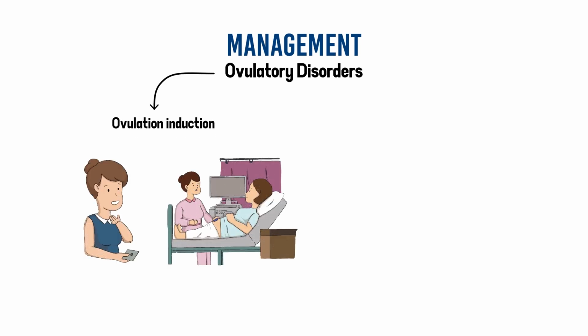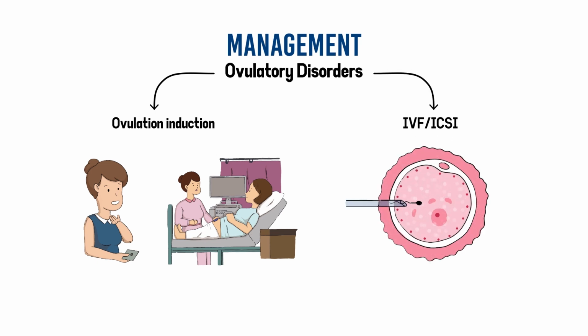This may be in the form of oral tablets taken on day 2 to day 5 of your period. In cases where oral medications cannot result in ovulation, gonadotropin injections may be required. Serial ultrasound scans would need to be performed to monitor the growth of your follicle and to ascertain ovulation. In vitro fertilization is normally recommended if ovulation induction has been successful but failed in achieving a pregnancy.